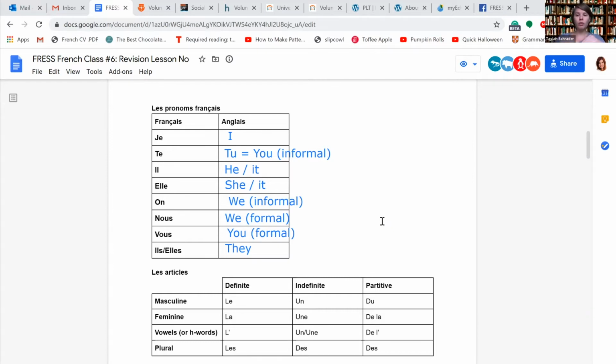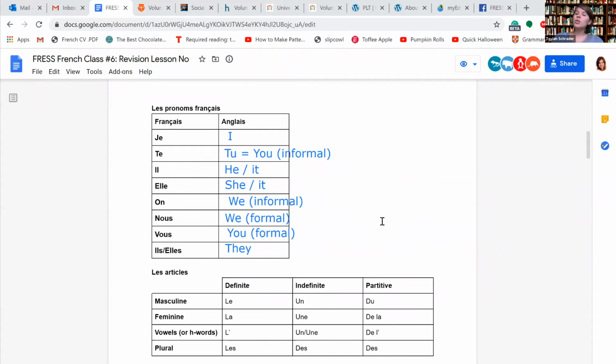So I'll run through them actually so that you can hear them. You've got je, tu, il, elle, on, nous, vous, ils, and elles. Okay, so I'll run through them again. Je, tu, il, elle, on, nous, vous, ils, elles.